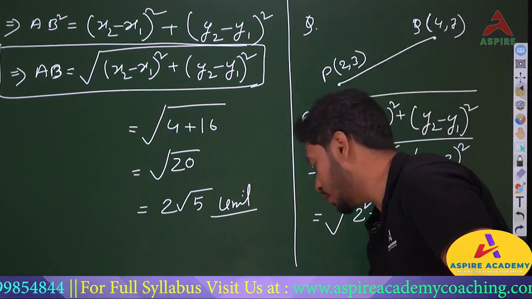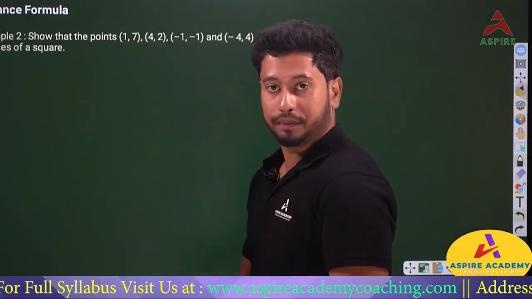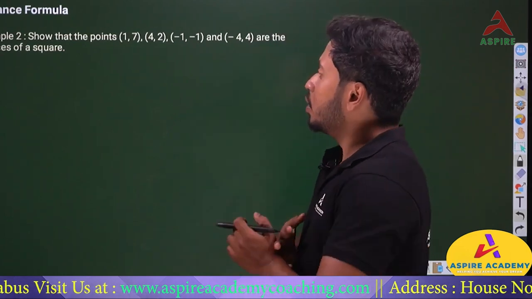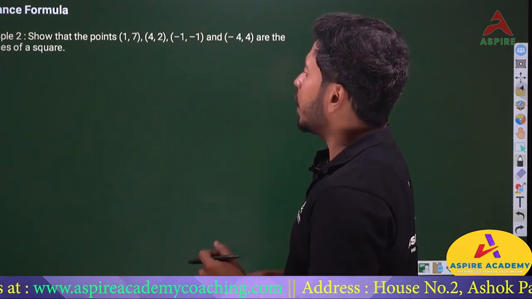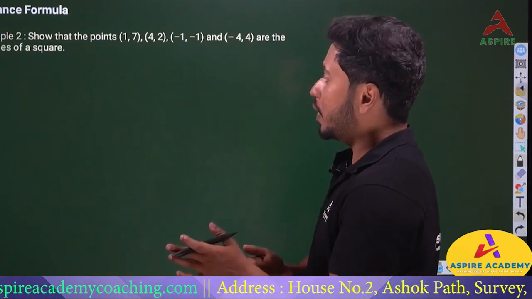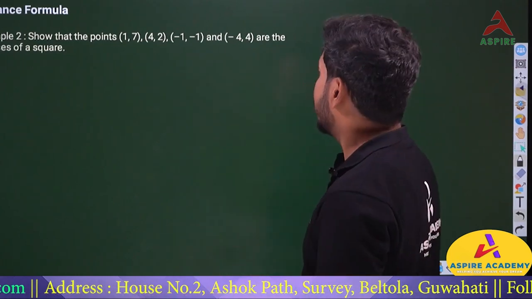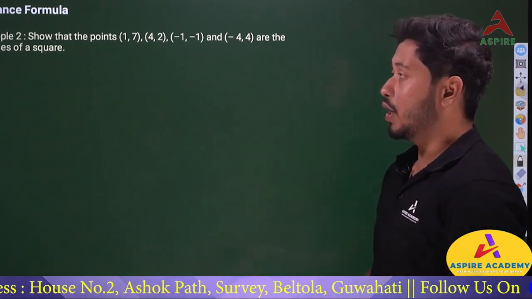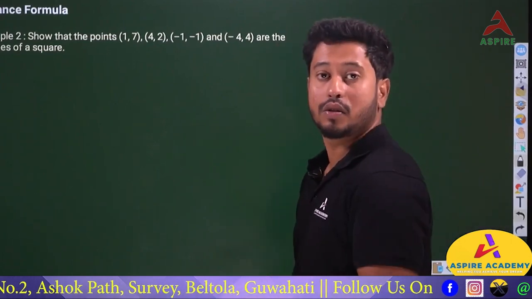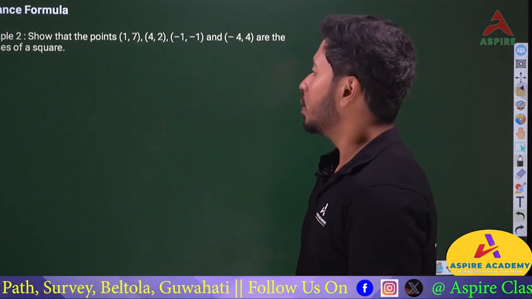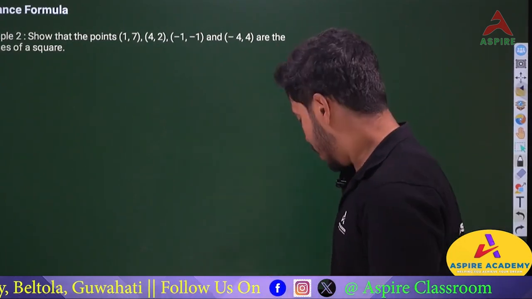Now, example 2. Show that the points 1, 7, 4, 2, minus 1, minus 1 and minus 4, 4 are the vertices of a square.